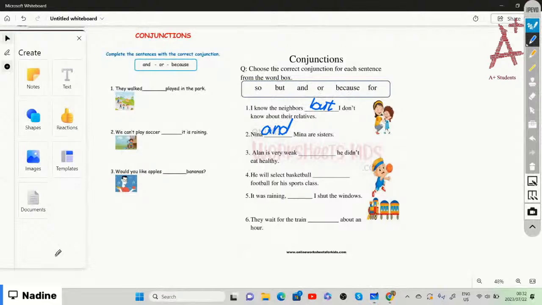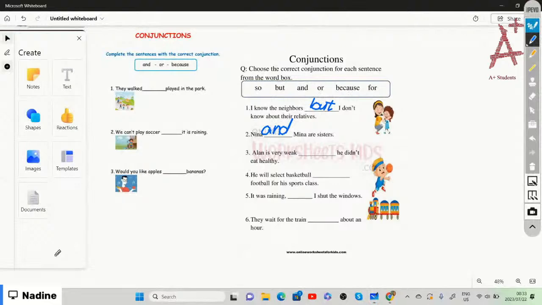Ellen is very weak. He didn't eat healthy.